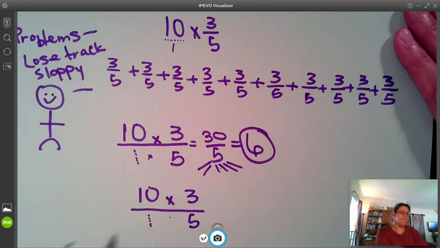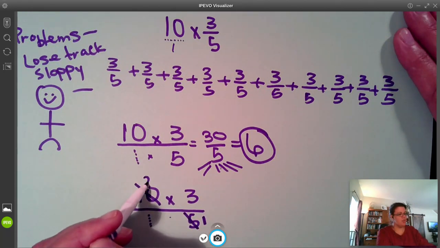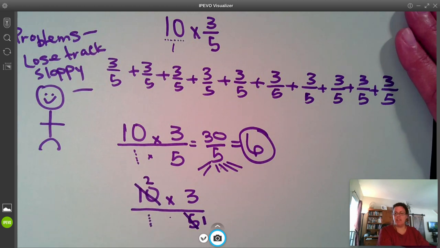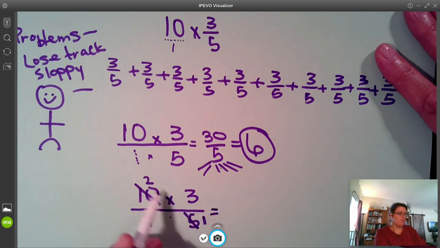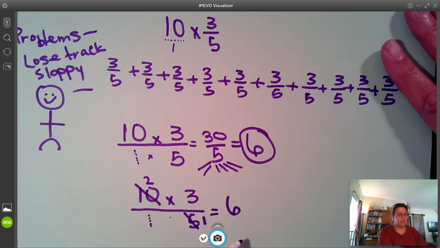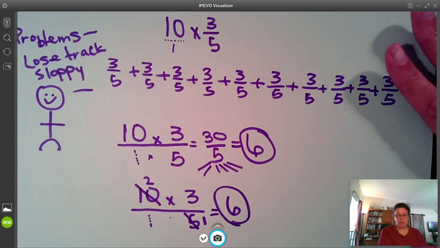So when I count by 5s, it takes 1 5 to make a 5, and it takes 2 5s to make a 10, so 5, 10. So we can actually reduce this fraction right here. We do 2 times 3 would be 6. 1 times 1 would give us a denominator of 1, which we can go ahead and leave out. And we get the same answer.